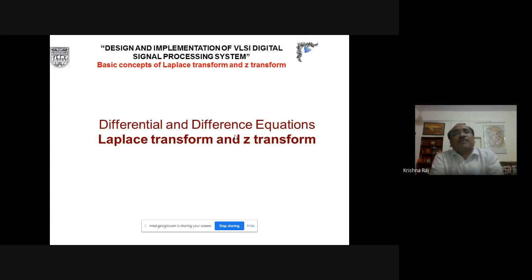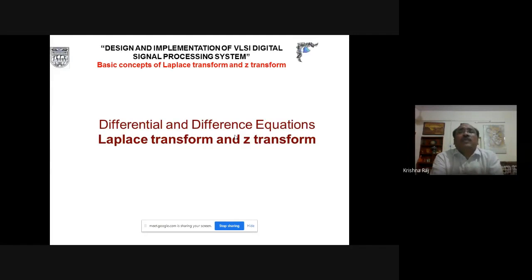The function of t, having the differential operator in the time domain, now becomes a function of s. s is the complex frequency. Similarly, when we develop the mathematical model of a digital system, as we discussed yesterday, the basic component that stores energy is the flip-flop.